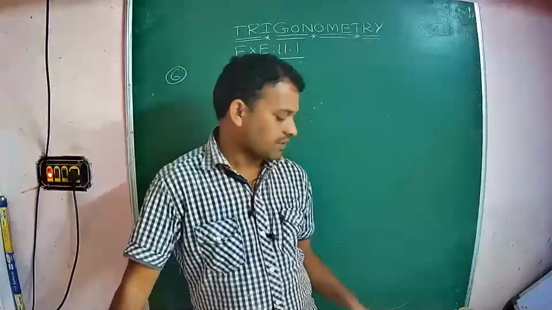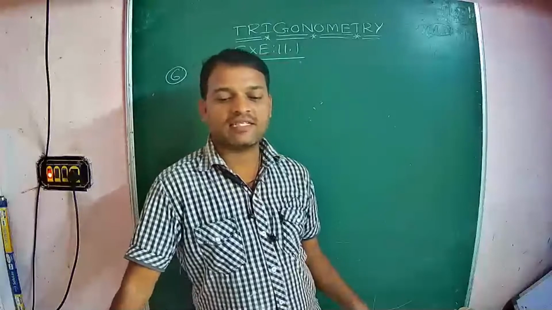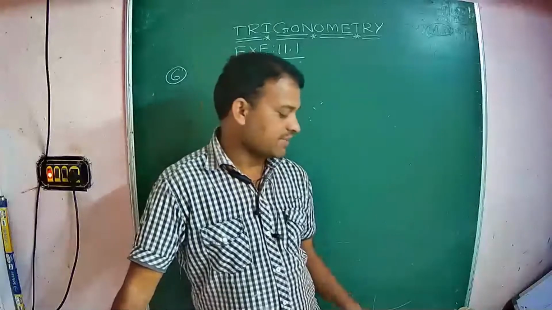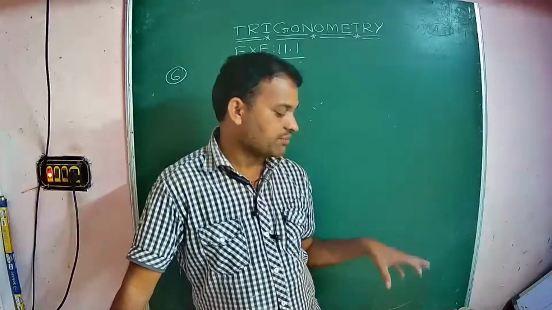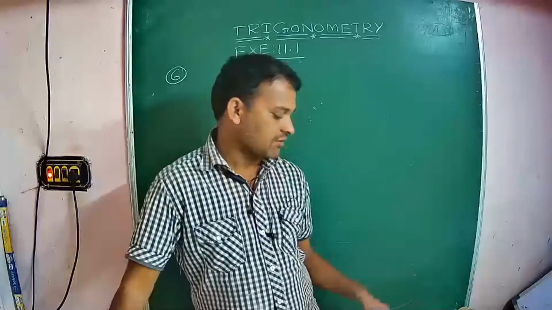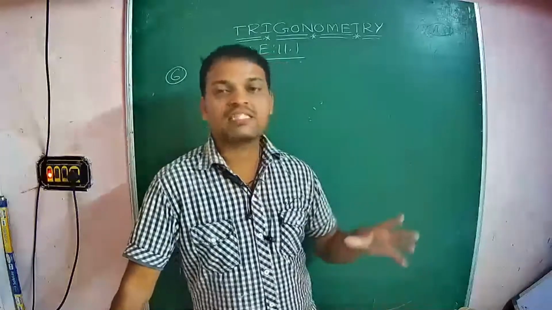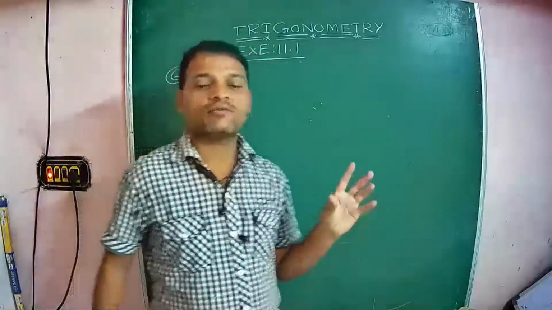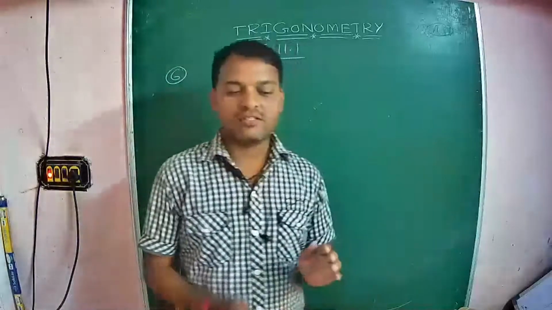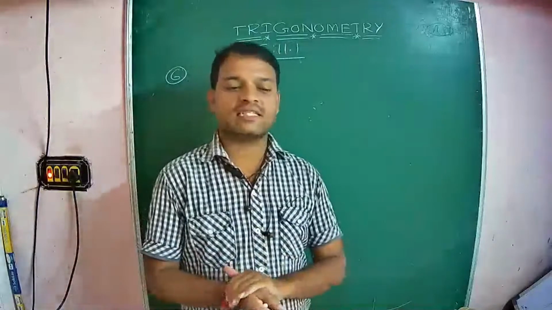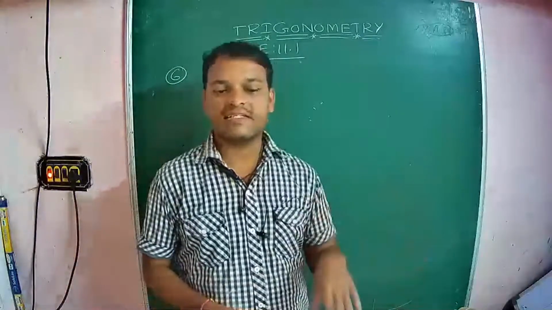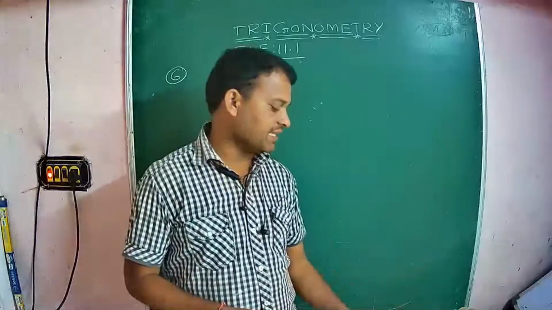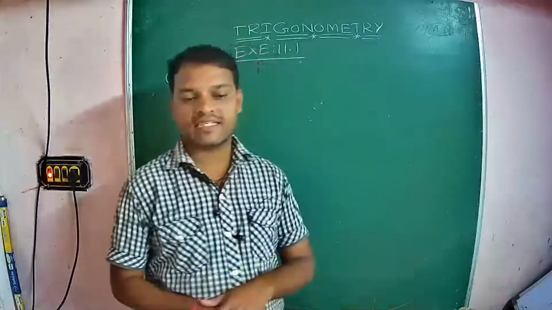Then let us assume that it is equal to K. Then you will get some values. After that, using Pythagorean formulas, you will get that the corresponding sides of the two triangles are proportional. If the corresponding sides of two triangles are proportional, definitely you will get that the corresponding angles are equal. So here finally angle A is equal to angle X will come.